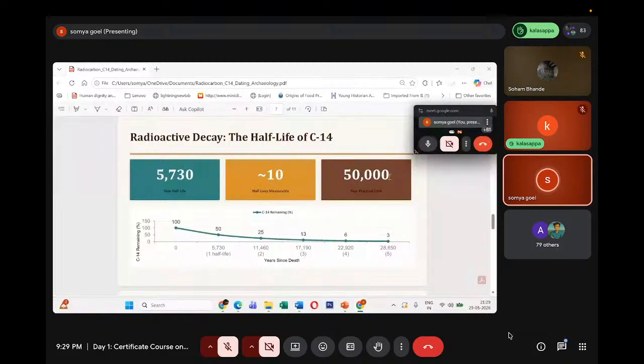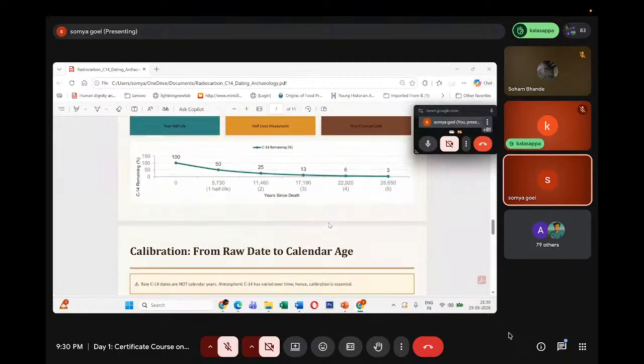So that is the practical limit for radiocarbon dating. Now with AMS, accelerated mass spectrometry, which I mentioned in the previous slide, we can push this a little further. And the best part about that method is that it requires a very little amount of sample, while radiocarbon dating requires about 1 to 10 grams of sample.